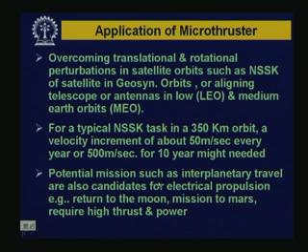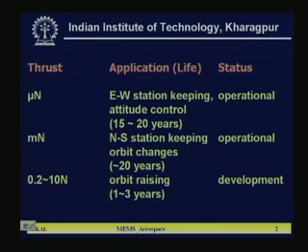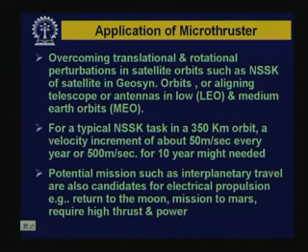Now, overcoming translation and rotational perturbations in satellite orbits such as NSSK. What is NSSK? NSSK is north-south station keeping, and EWSK is east-west station keeping. So, overcoming translation and rotational perturbations in satellite orbits such as NSSK of satellites in geosynchronized orbits, or aligning telescopes or antennas in low earth orbits or medium earth orbits.